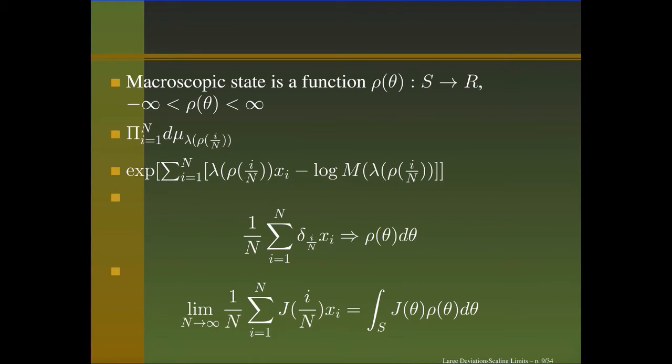It's a weak limit of these very oscillatory functions, and the weak limit defines, in fact, the macroscopic state. So a rho theta does not specify exactly what the individual xi's are. It roughly tells you some information about the xi's.